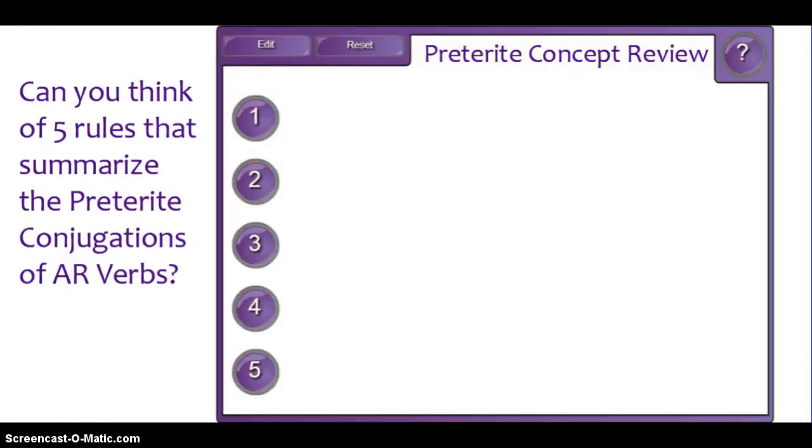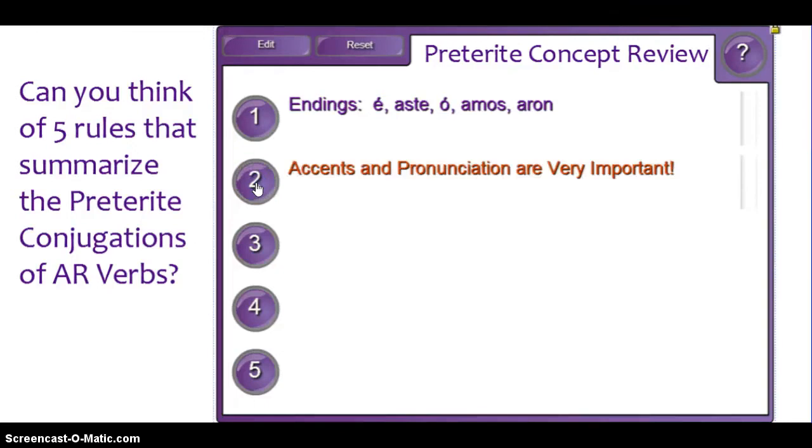So, what 5 rules do you think will summarize everything we do for the preterite tense conjugations? First one, just know your endings: é, aste, ó, amos, and aron. Next rule, can't stress it enough: accent marks and pronunciation are very important, so you are understood whether you are speaking or writing in the preterite tense.